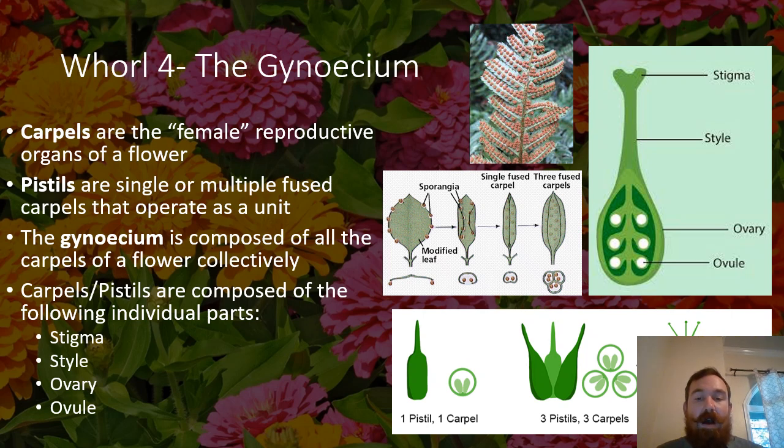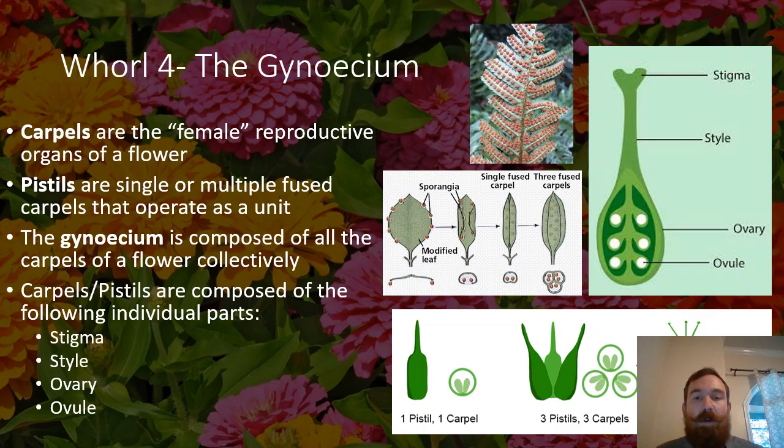I think it's useful to understand some evolutionary background in order to understand how this came to be. When we look at some ancient groups of plants that have been around for millions of years, like ferns, for example, we see that the ferns still produce their spores exposed to the air on the undersides of the leaves.